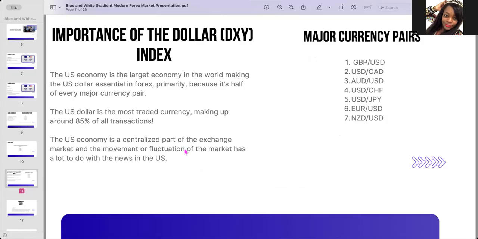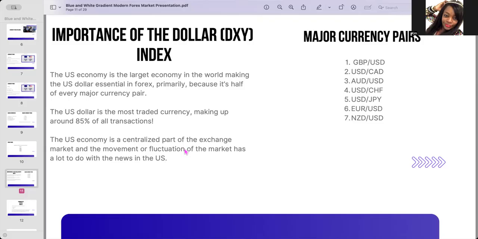The US economy is a centralized part of the exchange market, and the movement or fluctuation of the market has a lot to do with the news in the US. With that being said, Jerome Powell is the guy that comes out and talks about the interest rates.